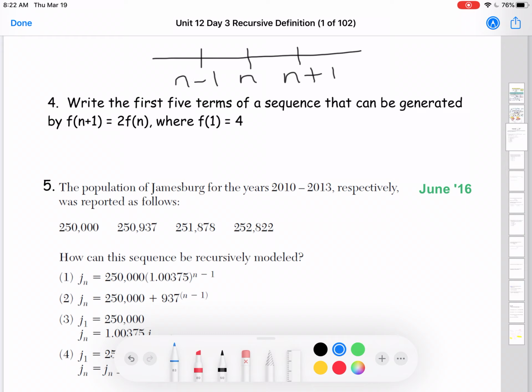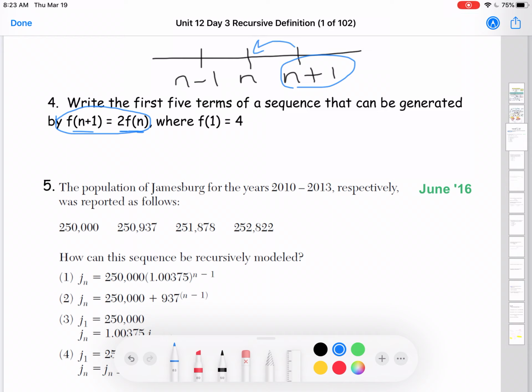So this one is saying write the first 5 terms of the sequence that could be generated by this. Again, you're supposed to notice that this is recursive with the n and the n+1. So where is n+1? n+1 is over here. So isn't that the next term? So the way we say this is the next term is equal to twice the one before it, because see how that's the one before it?